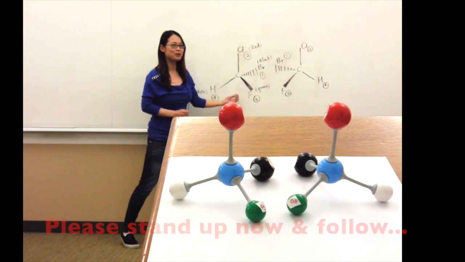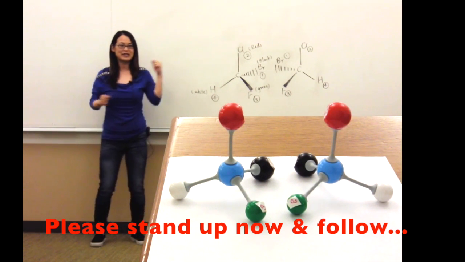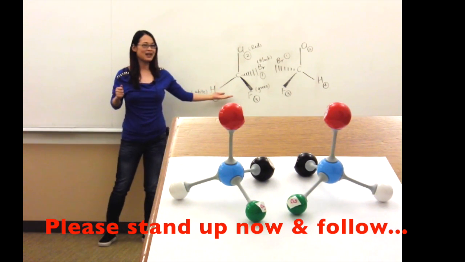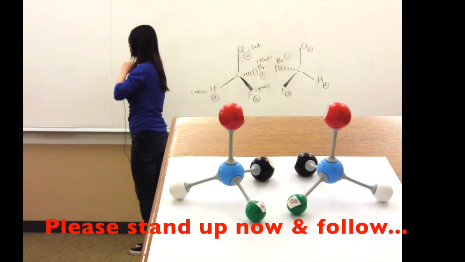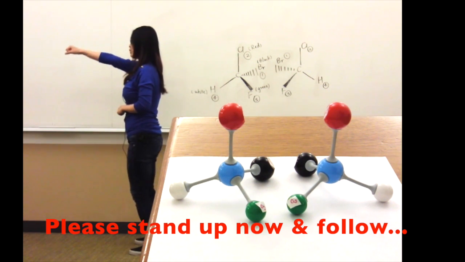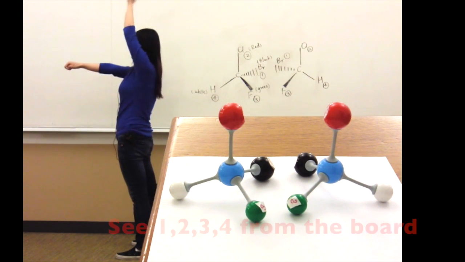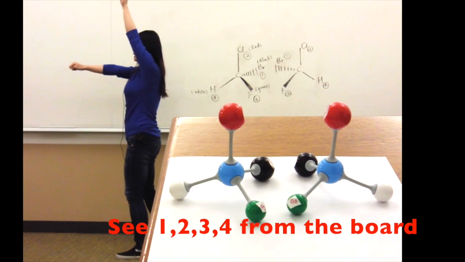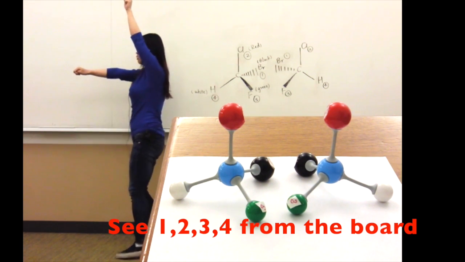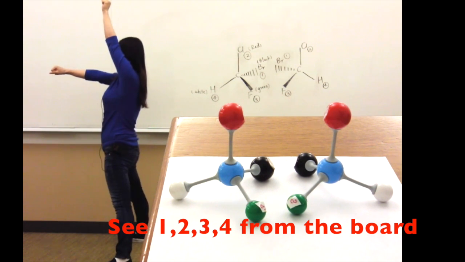Right now we're going to get up and use our whole body movement to decide if this one is R or S. I want you to get up and feel it together with me. I will always use my right arm as the functional group number 4. My left arm is group 2. My right foot is group 1, and my left foot is group 3. So let's feel it together.